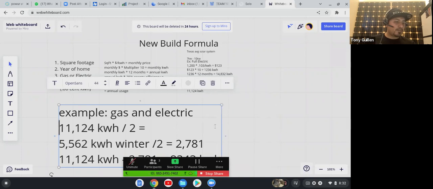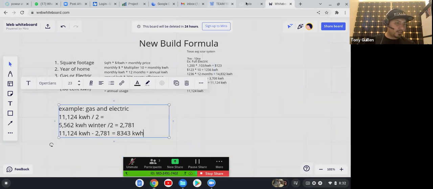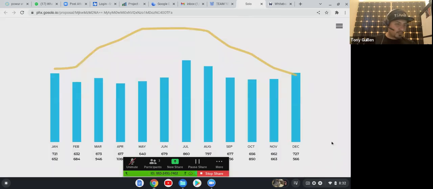And if we go off of this number, which was the 8343, we go back to our Solo. Obviously, the curve would now be a bell curve. It'd be less in the winter and more in the summer.